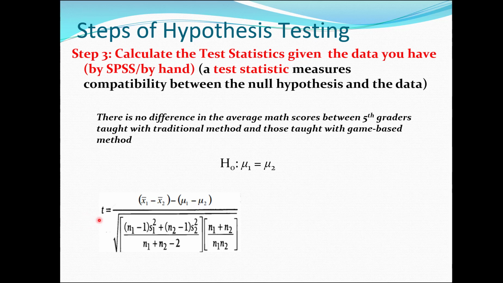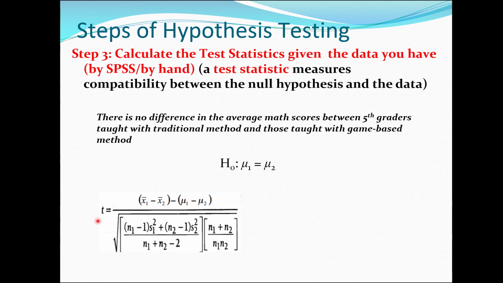We can't calculate t-test statistic unless we know these two numbers. With mu1 and mu2 unknown, we will not be able to know the value of mu1 minus mu2. But we need to figure out a way to calculate our t-test statistics.